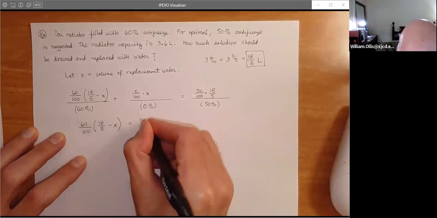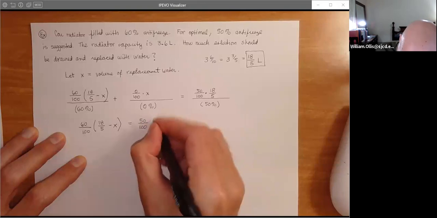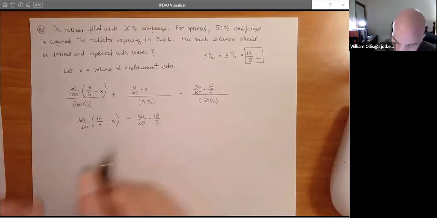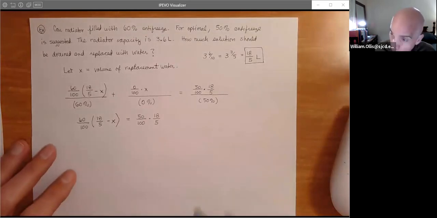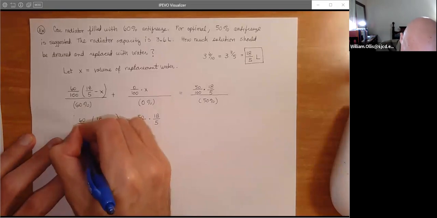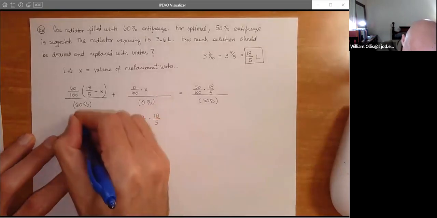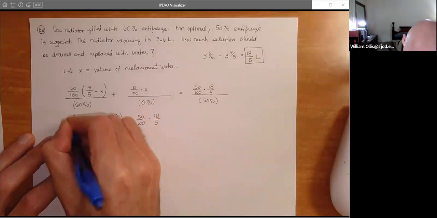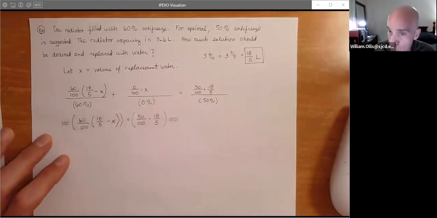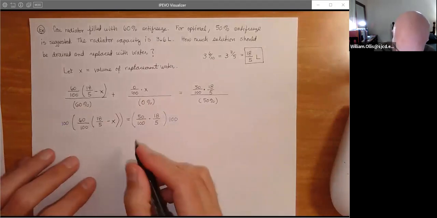So 50 over 100 times 18 over 5. So just as a simple way to get the ball rolling, let's just multiply everything by 100. That's the most obvious thing to do, and that's why the fractions make it so much easier.